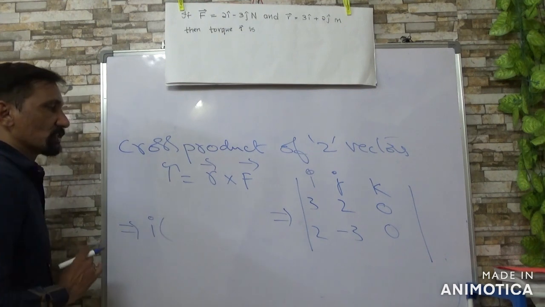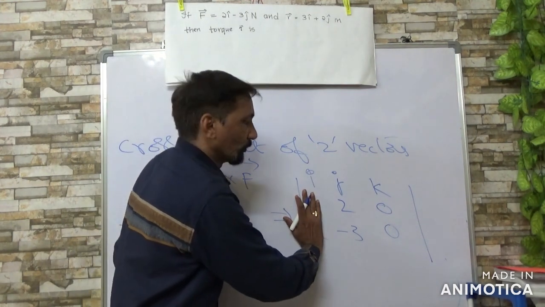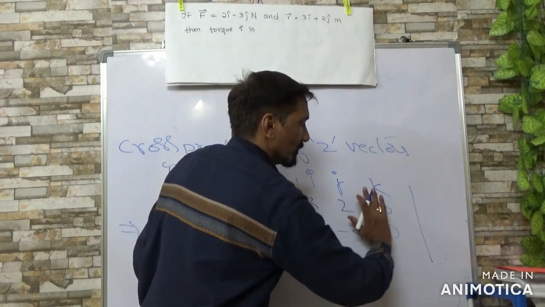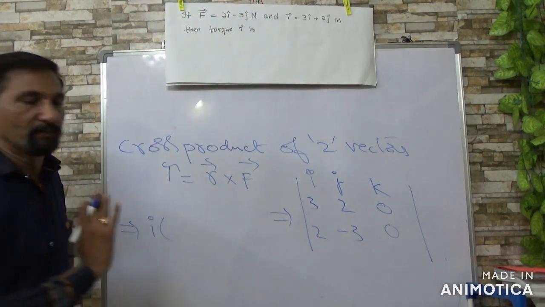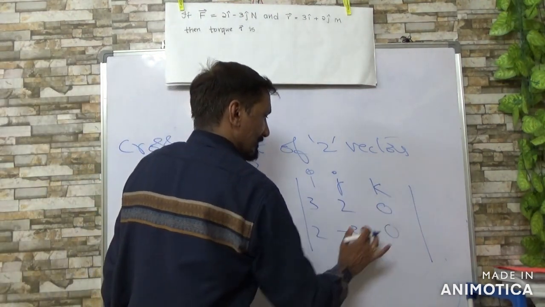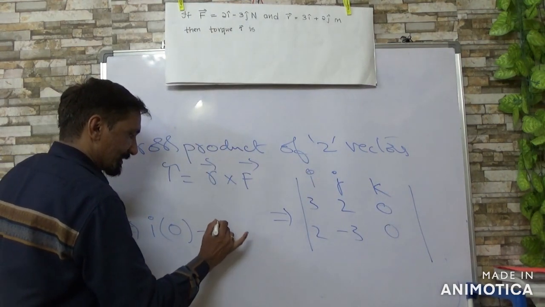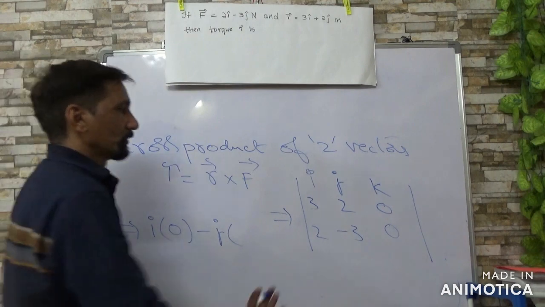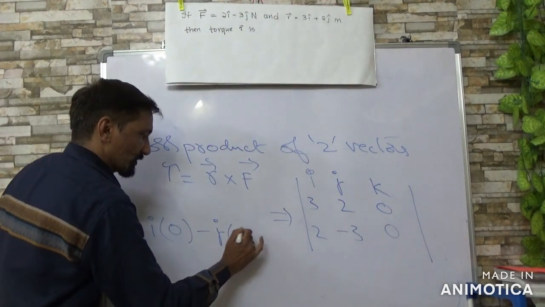So whenever you are going to find the I coefficient, you close the I column. For the J coefficient, close the J column. For the K coefficient, close the K column. So first the I coefficient, close I: right minus left, anyhow 0. Minus J, right minus left, 0.